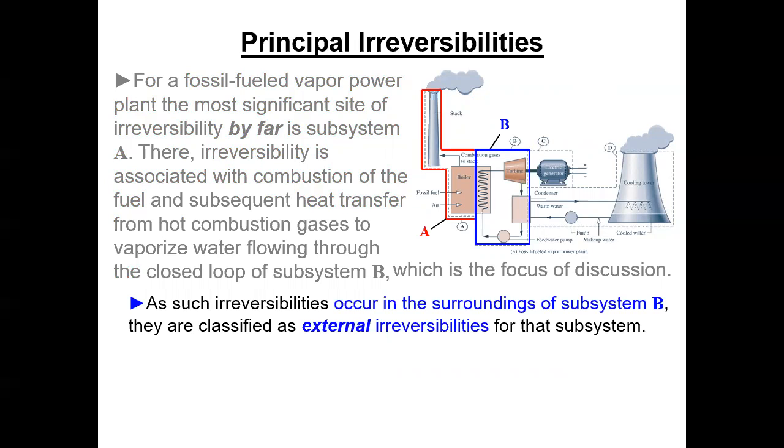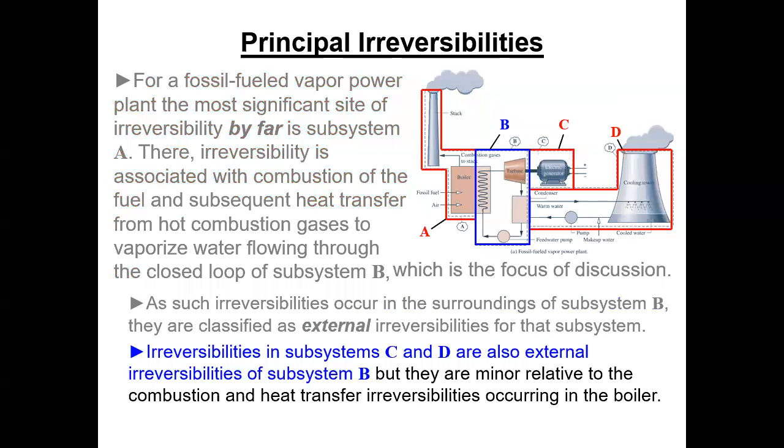And so they are classified as external irreversibilities when you are concentrating on subsystem B. Okay, irreversibilities in C and D are also external irreversibilities to subsystem B, but they are minor relative to the combustion and heat transfer irreversibilities in the boiler.